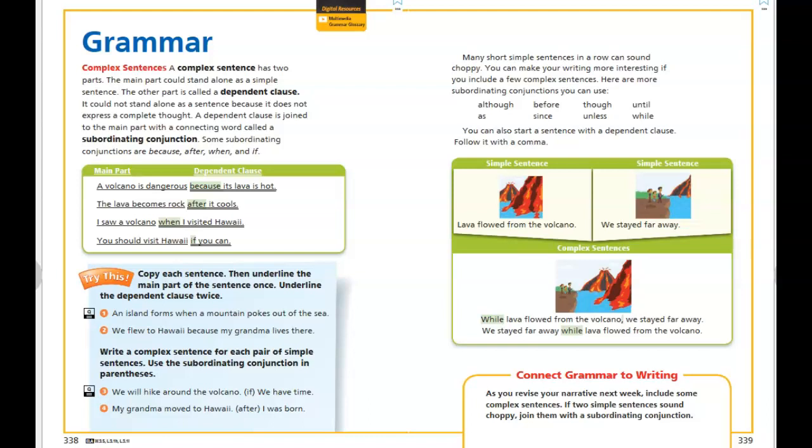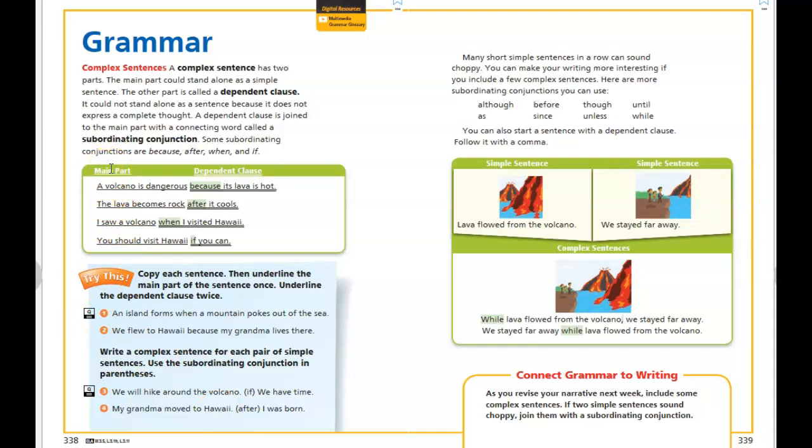Okay, so let's go back through what we just read and see if it makes sense. We know that a complex sentence has two parts, right? Because we just read that. The main part could be its own sentence. So let's look at some examples down here where it says main part.